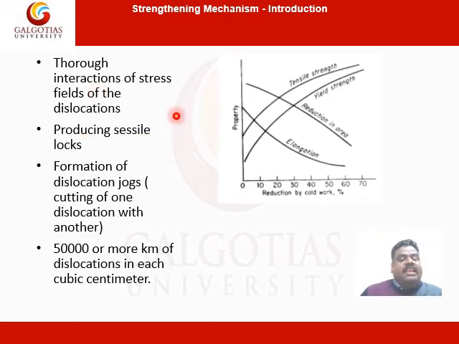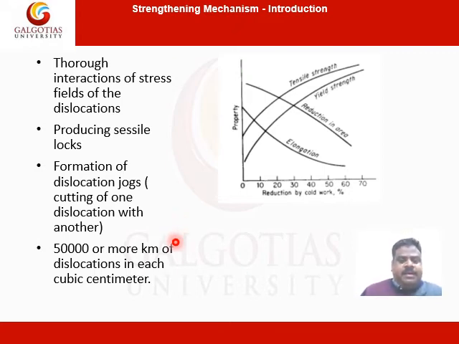They produce sessile locks. Not only that, they form dislocation jogs, as we have seen in the animation, where the one dislocation which has to move along the slip plane has to interact with so many dislocations that cut through the slip plane, that there will be lots of formation of dislocation jogs which would consume a lot of energy. Then the strength of a material is increased.